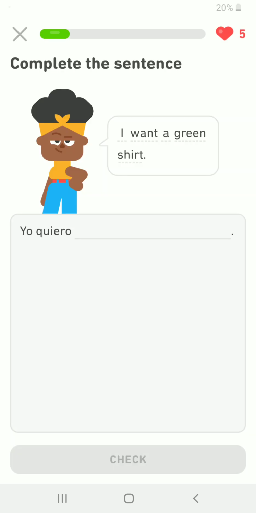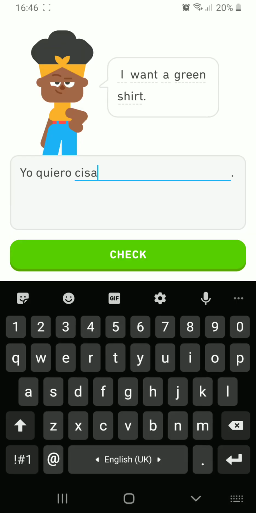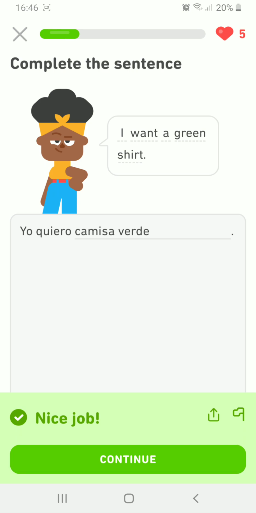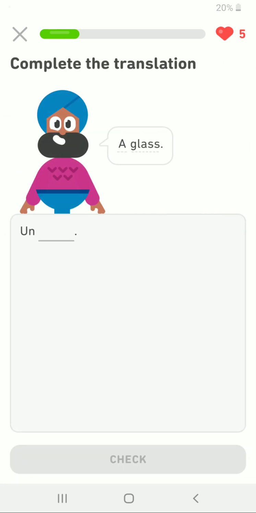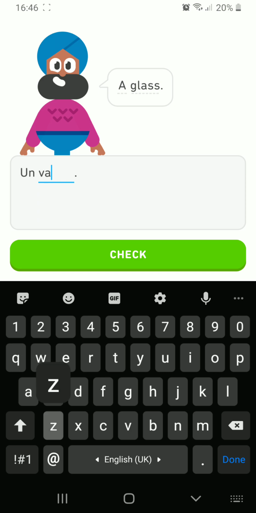I want a green shirt. Yo quiero una camisa. So camisa, una camisa verde. So green. What else? Gafas, I think. But glasses, not spectacles, the one that we wear to see things. But we're talking about un vaso de agua, for example.